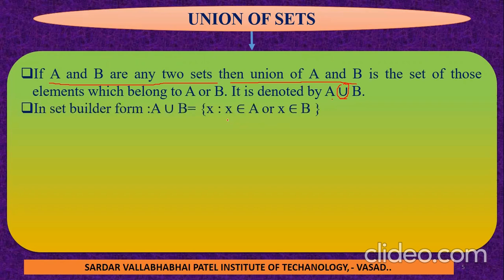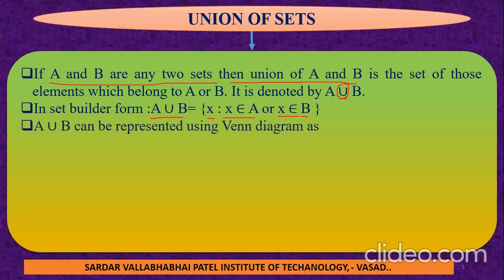In set builder form, we write A union B as x such that x belongs to A or x belongs to B. A union B can be represented using the Venn diagram as follows.